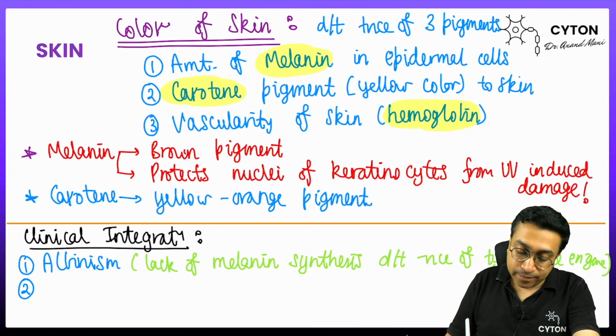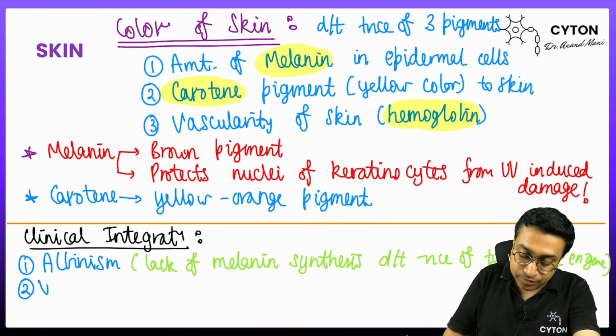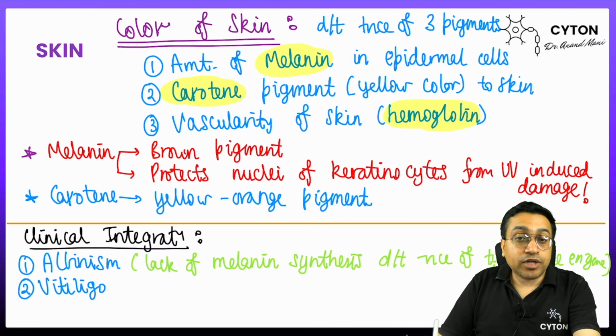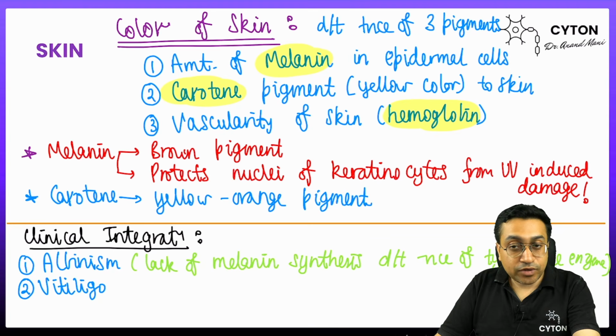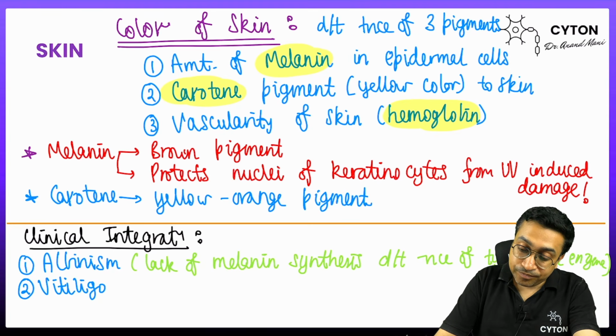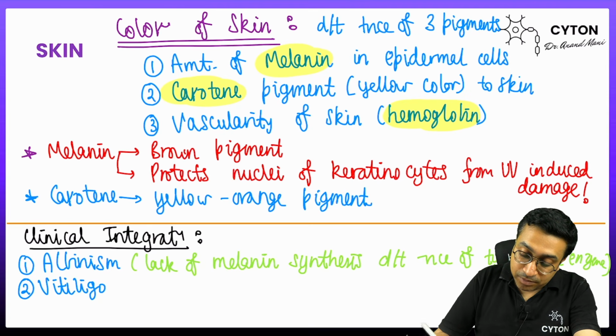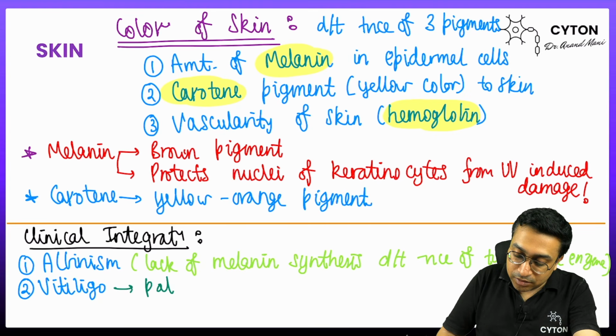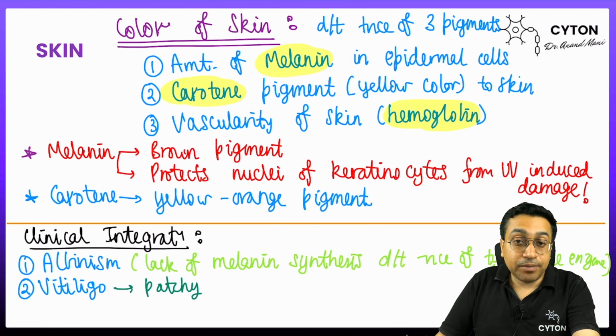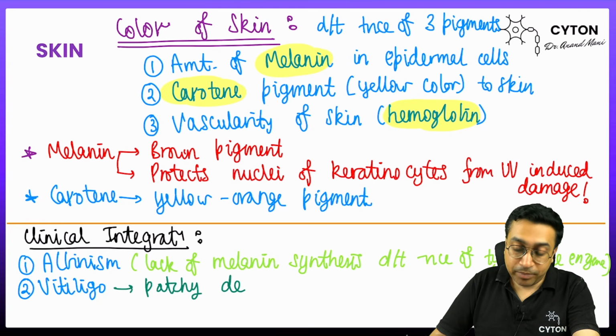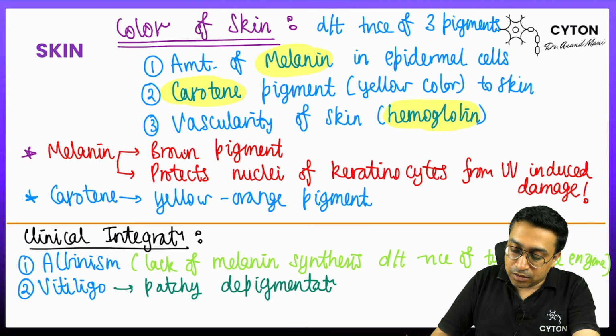Number 2 we have vitiligo. Vitiligo occurs due to the destruction of melanocytes, again because of autoimmune reactions. This produces classically a patchy depigmentation of the skin.